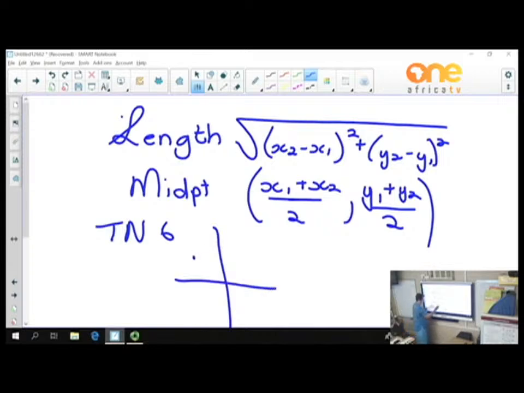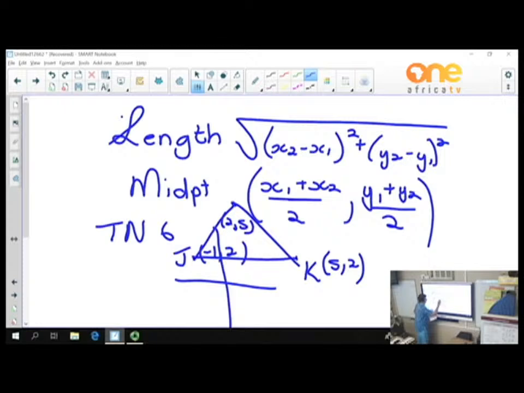Negative 1, 2, that is J. The next one is K, which is 5, 2. So it should lie on the same line. And then 2, 5. So 2, 5 lies here. So there are your 3 points, J, K, and L.